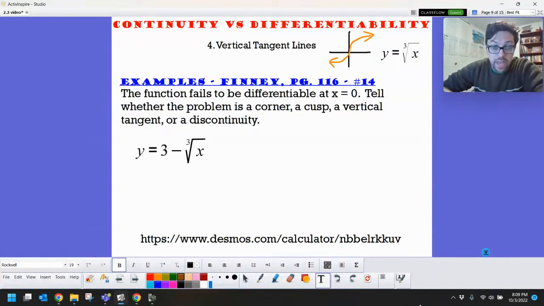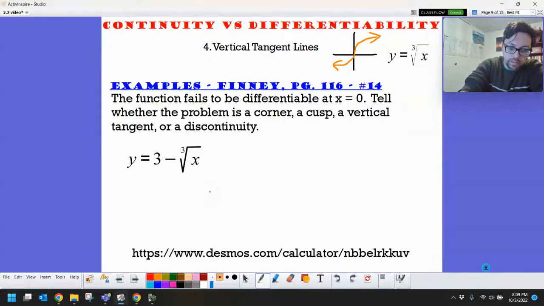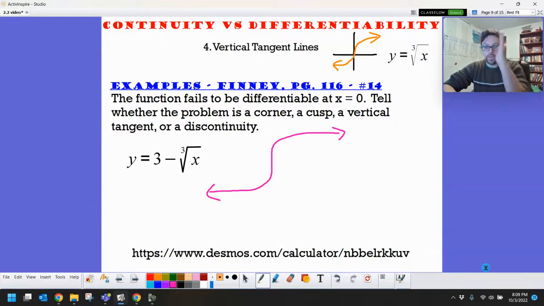In this example, we have just a regular old cubed root. So cubed root graphs look like this, if I could draw, where they come flat and they go vertical for just an instant. They're not vertical that long. So if we go vertical, then our tangent line is vertical.